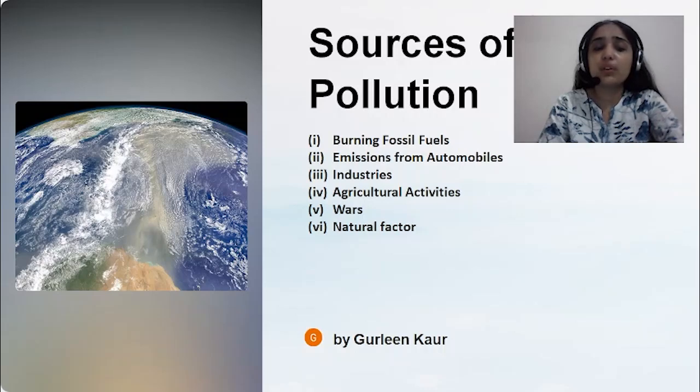A well-known example of this is the nuclear blast at Hiroshima and Nagasaki. As we are already aware, when war happened between the countries, at Hiroshima and Nagasaki, due to the nuclear bomb blast, many harmful gases were released.